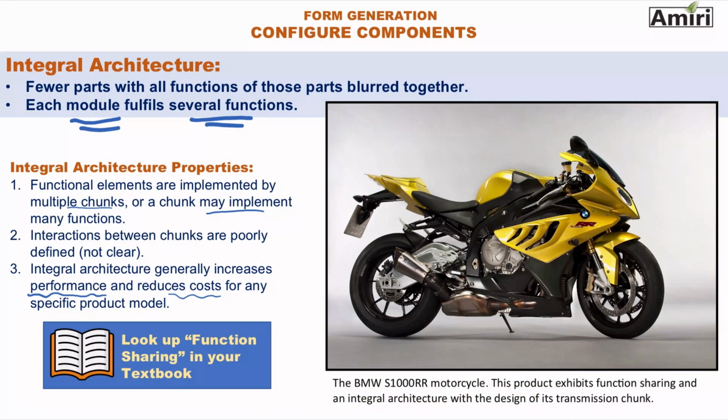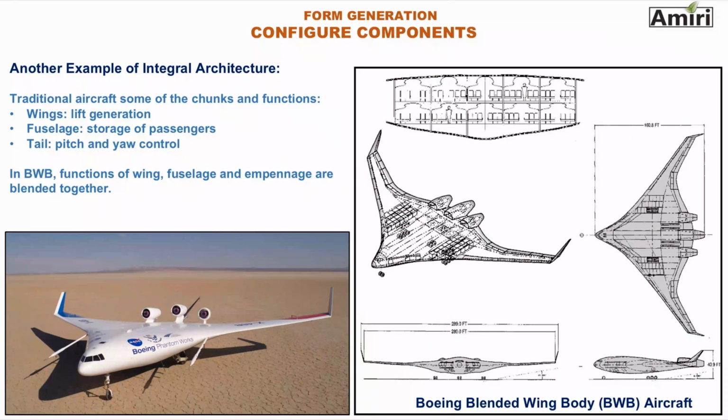Here's an example: a BMW motorcycle. It uses what is called function sharing, meaning again the same chunk fulfills multiple functions. And integral architecture has been implemented in this design. The chassis and transmission and support are all blurred together, and they all fulfill that function. Here's another example from Boeing: a blended wing body aircraft.